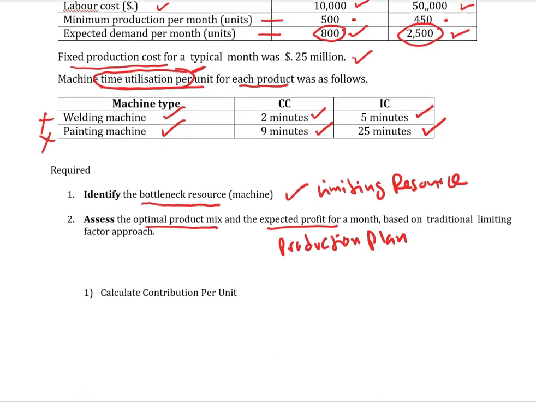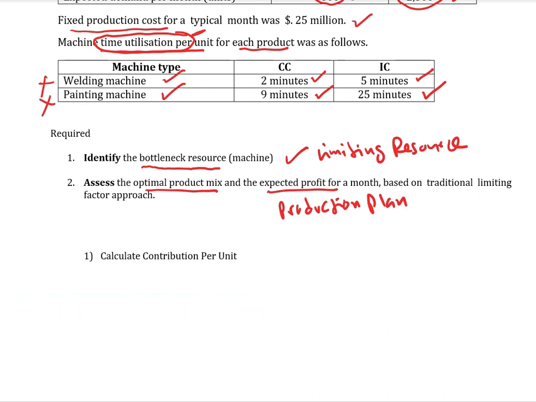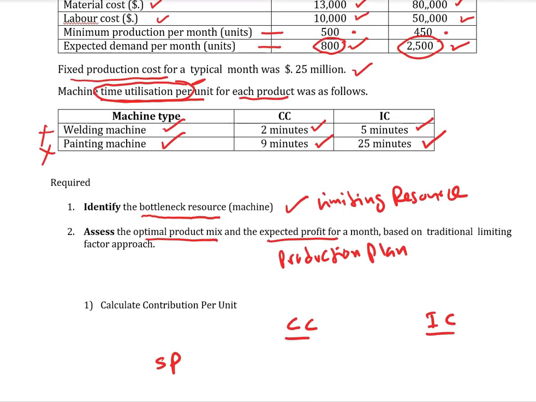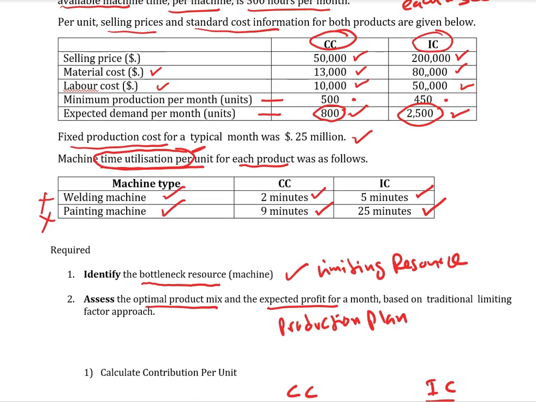The first step is to calculate the contribution per unit. So let's calculate the contribution per unit. So you have CC and IC. Take the selling price. How much is the selling price? 50,000 and 200,000. So we'll take 50 and 200 for the calculation purpose.